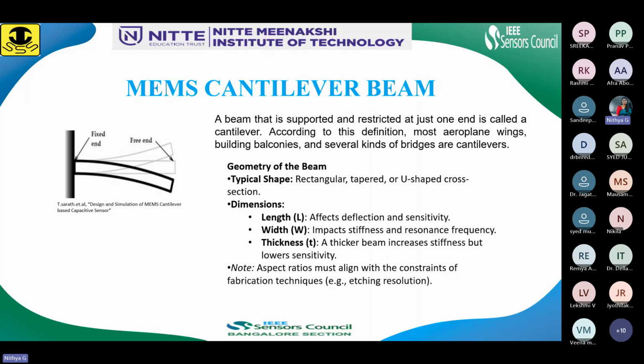Because in our analogy, as the cantilever beam deflects, the stiffness varies. The sensitivity of the material is directly proportional to the deflection of the cantilever beam. So we should make sure that our material's flexibility is proportional to the applied pressure, right?